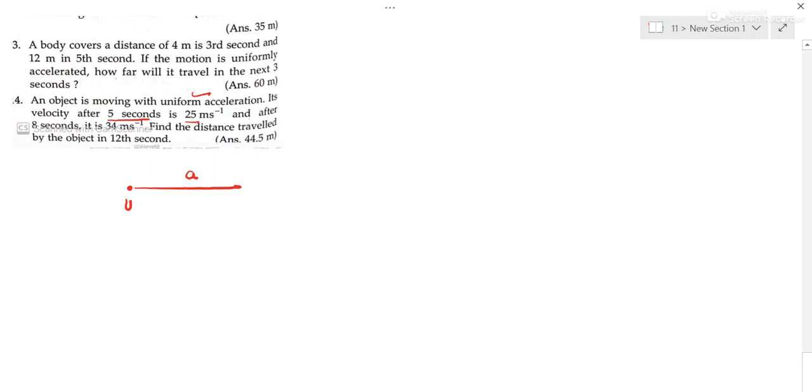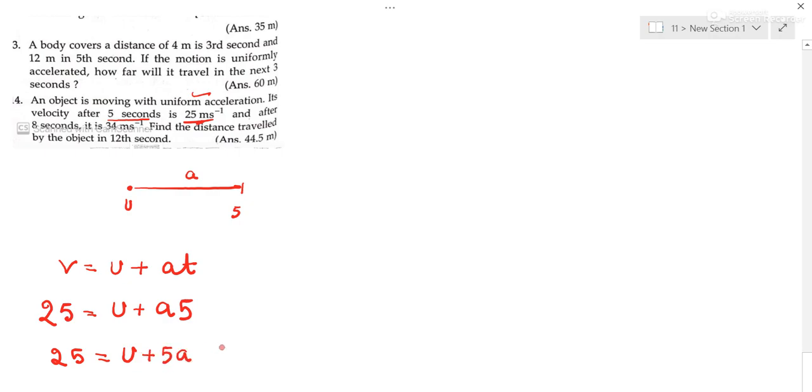So velocity after 5 seconds: v is equal to u plus at. v is 25, u is u, and a is a, and t is 5. So 25 equals u plus 5a. This is equation number 1.